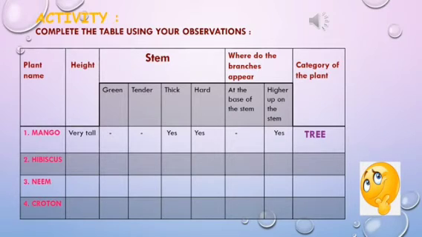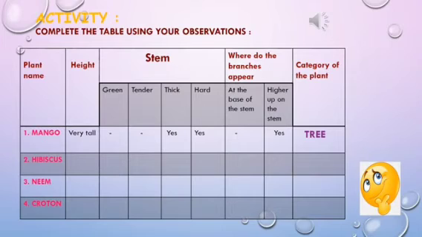You are going to observe whether the branches appear at the base of the stem or higher up on the stem, and finally come to a conclusion to which group the plant belongs, whether it is a herb, shrub or a tree. First example has been done for you.